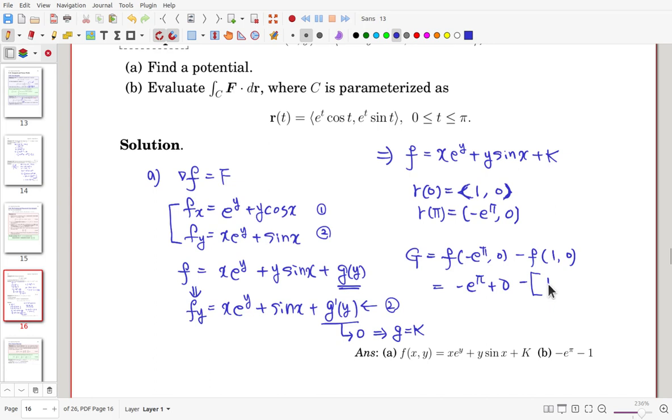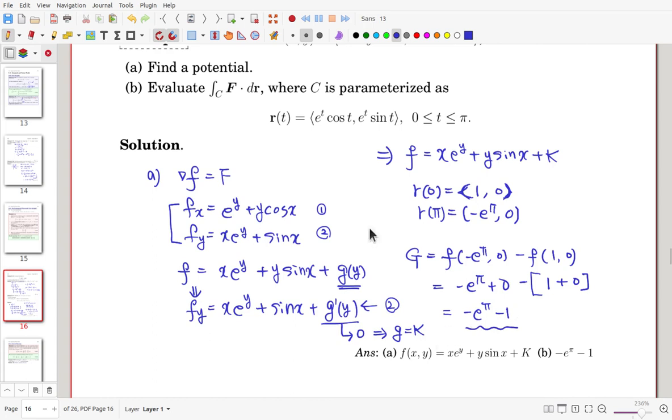So it is 1. And from the other term, again, that is 0. And we ignore k. Then we have here minus e to the pi minus 1. That's the final answer. Okay.